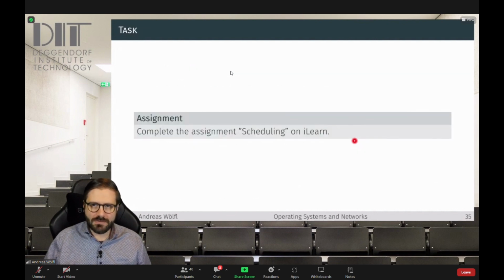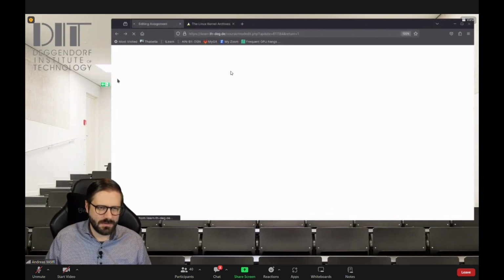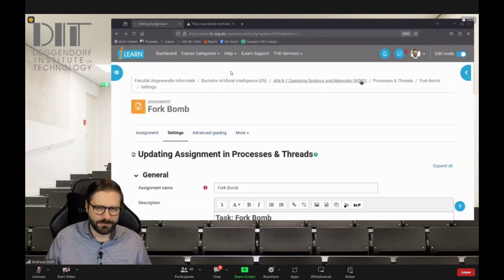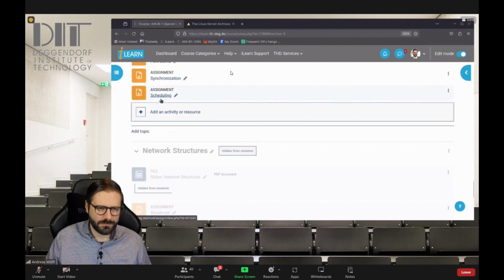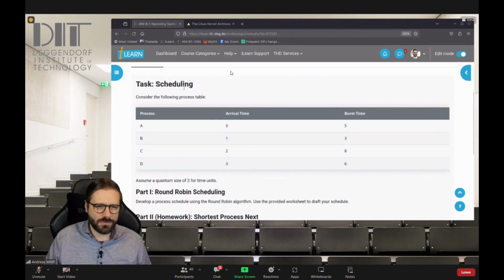What we do today is we do a little assignment. So of course we train this. So there's an assignment on scheduling. And this assignment also has a table that we know from the slides.